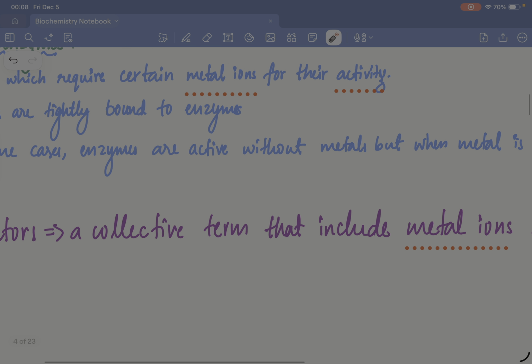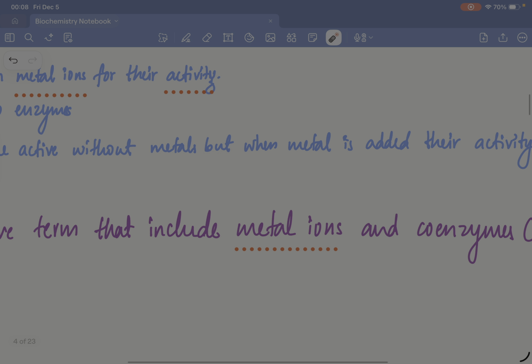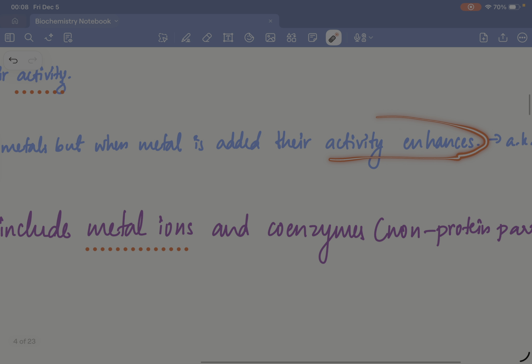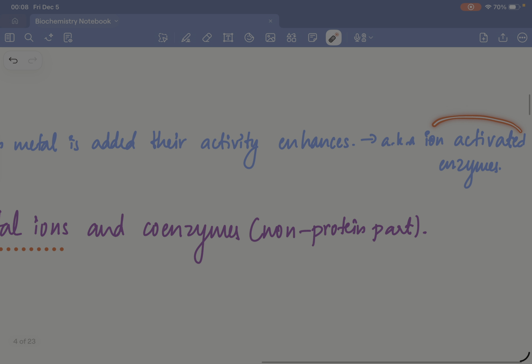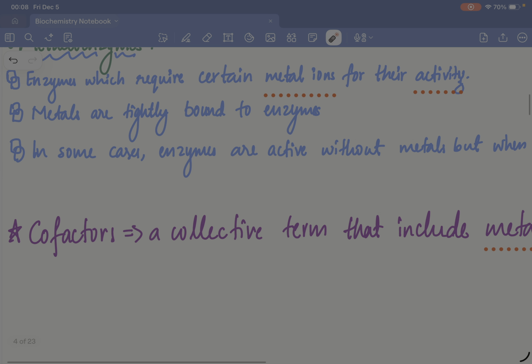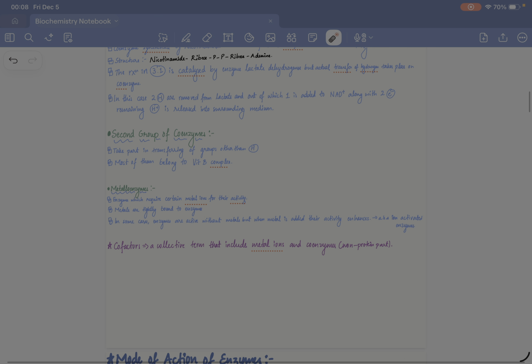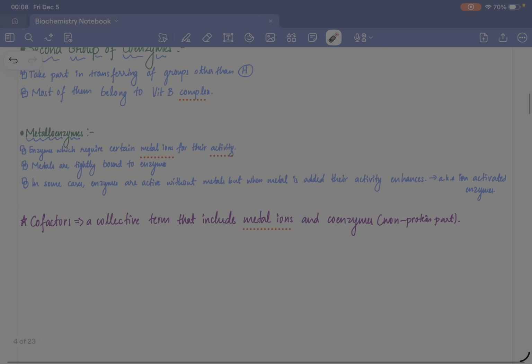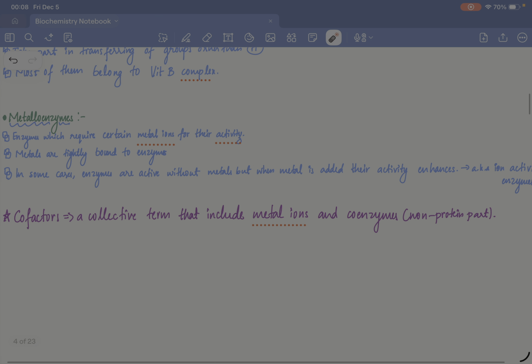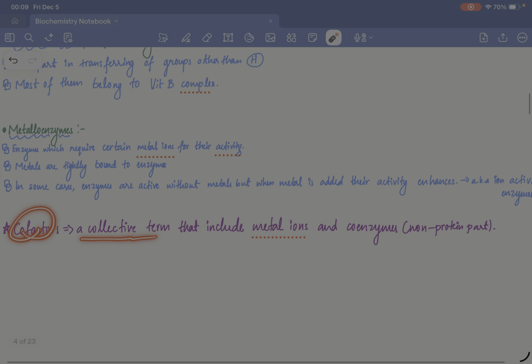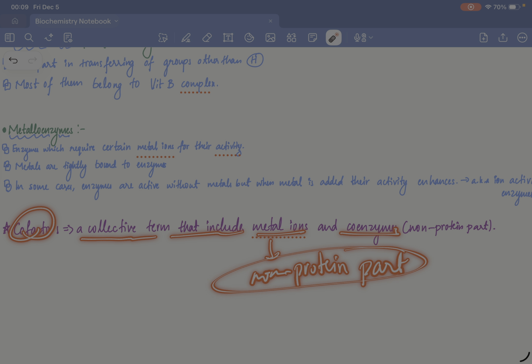In some cases, enzymes are active without metals, but when metal is added, activity is enhanced, also known as ion activated enzymes. Okay, these were the cofactors. And earlier I had told you, what is a cofactor? Cofactor is a collective term that includes metal ions and coenzymes, that is the non-protein part.